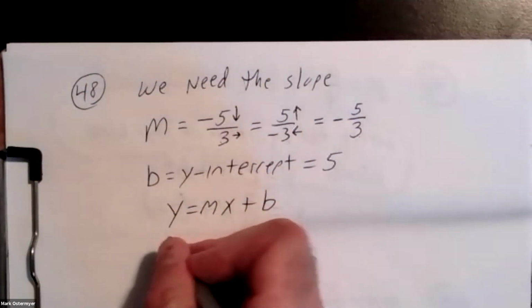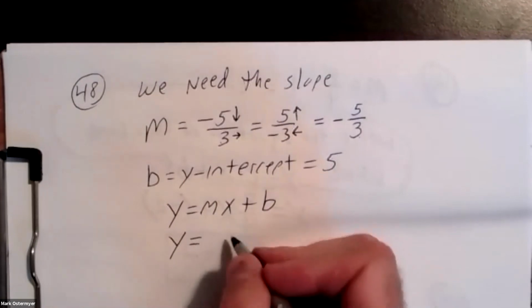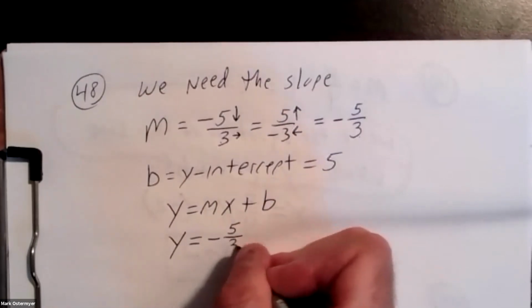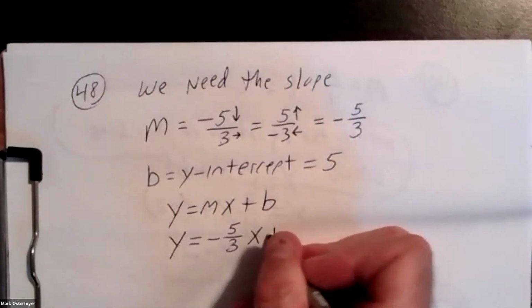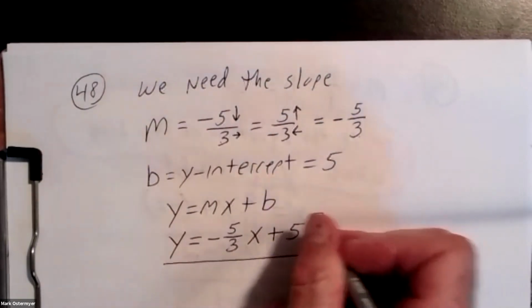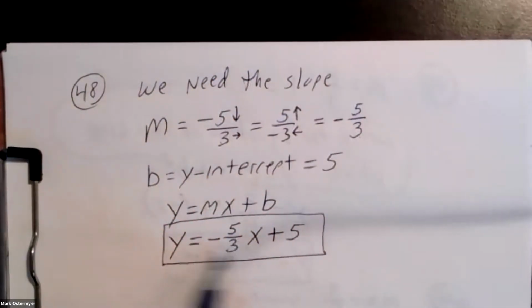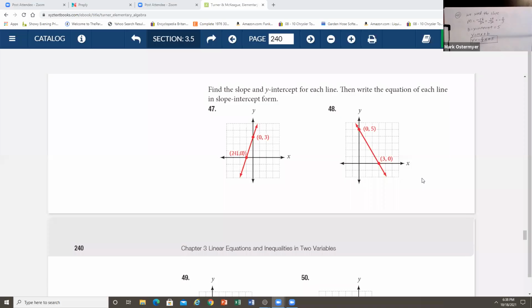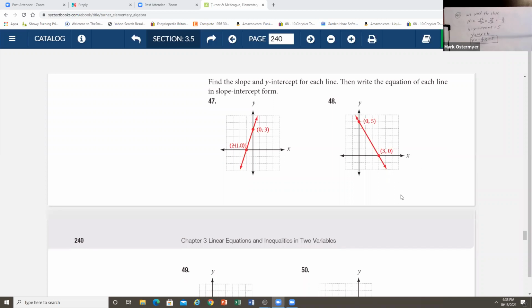Y is equal to the slope, which is -5/3, times x plus, what's my y-intercept? 5. Ladies and gentlemen, there's your answer. This equation would have the graph in problem number 48. So the equation of this red line in number 48 is y is equal to -5/3 x plus 5.